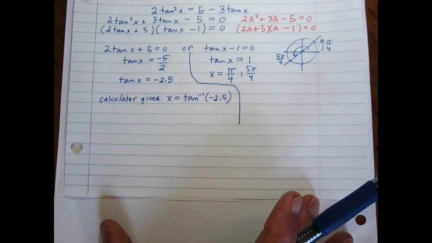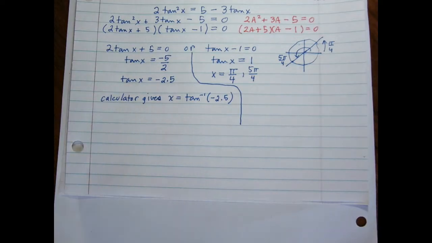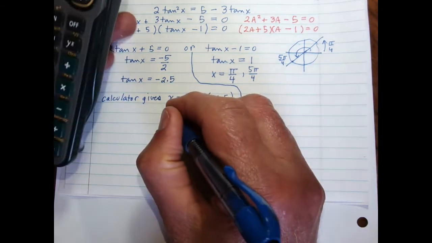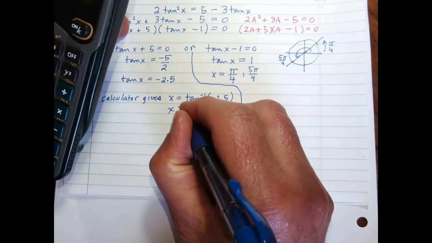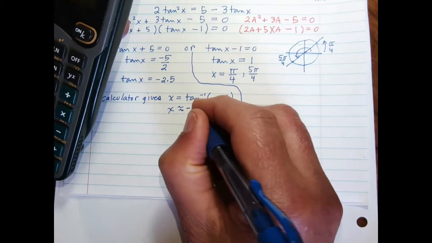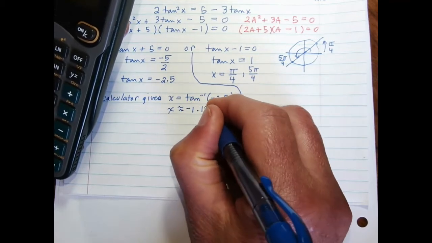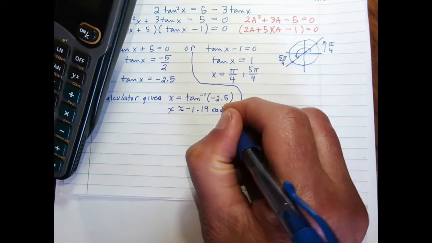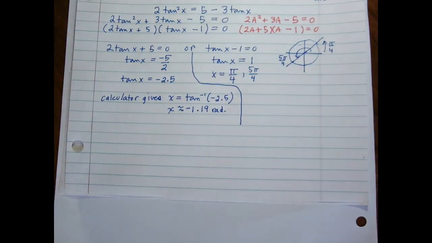We've already found some answers in radians. 2.5, change to negative. I'm in radian mode, inverse tangent. I'm getting that x is about negative 1.19. I'm going to write RAD for radians.